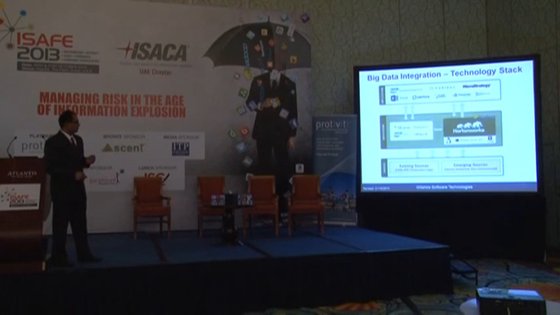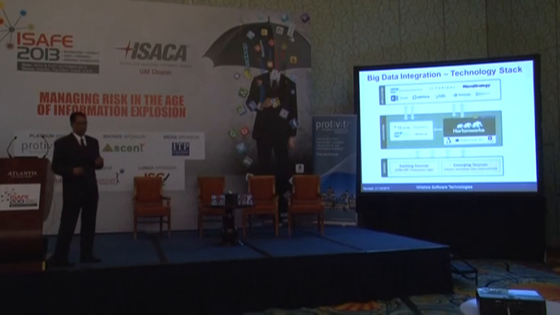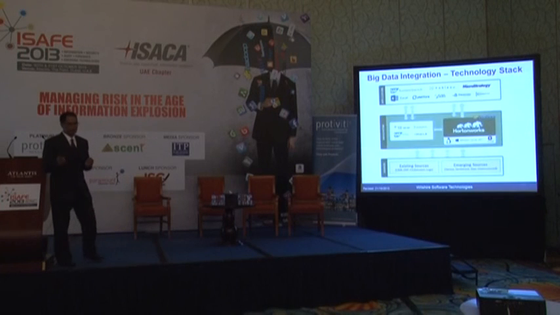Okay, I have some technology stack, and these are regular CRM, ERPs, and then Hadoop, and these are my traditional databases, Teradata, Oracle. Bottom line, yes, I'm going to use these reporting tools, Tableau, MicroStrategy, SAS, all that.